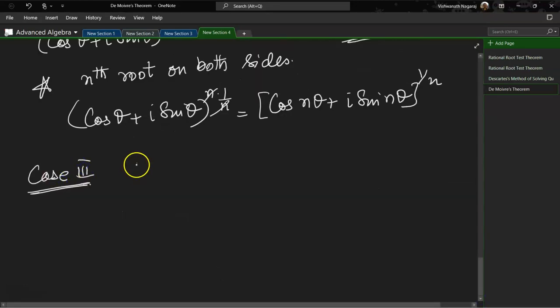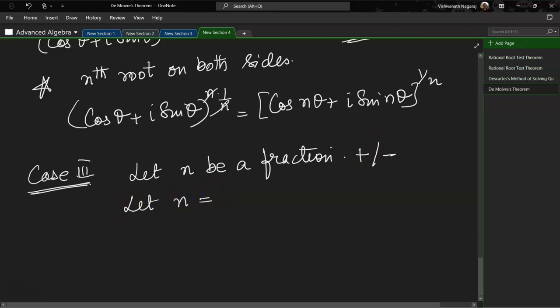Now let's look at case 3. What is case 3? Let n be a fraction, positive or negative. So let n be equal to p by q. Just to reduce the complication, we say p belongs to integers, positive or negative, whereas q belongs to positive integers.